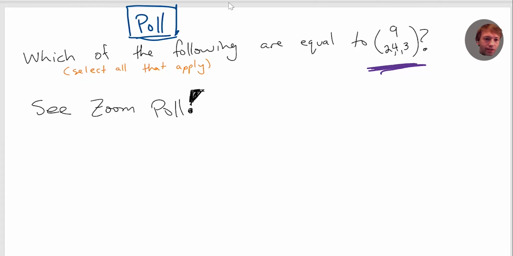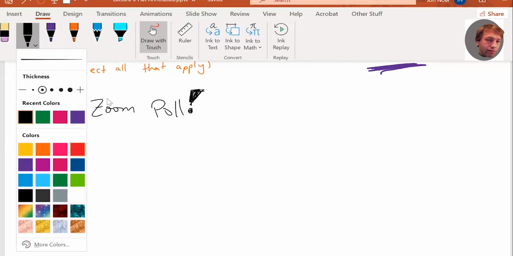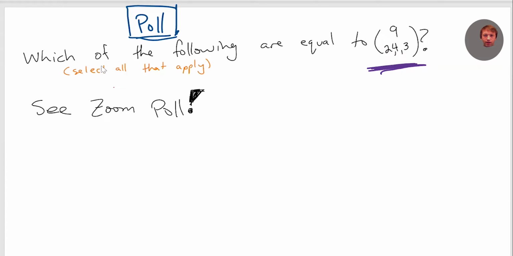First of all, maybe we can just answer some of these things rather than telling you which ones are and which ones aren't. So what is the number of strings of length 9 from the alphabet 2, 4, 3? Any answers? Anyone know? We got an answer in the chat.